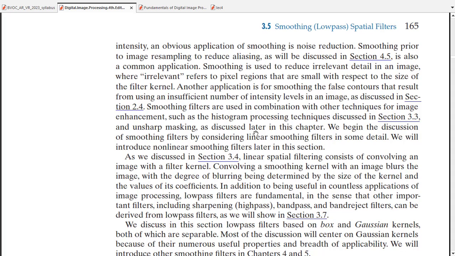Here, low pass filters are based on the box or the Gaussian kernel, both of which are separable.